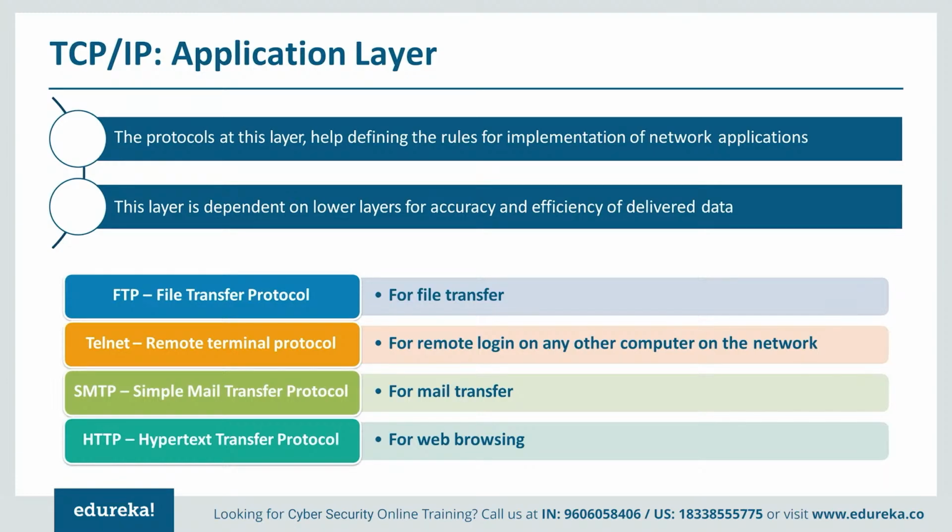What is FTP? FTP is simply a file transfer protocol. It helps us share a file from a server or store some files on the server. Telnet is a remote login protocol. It helps us log into a computer remotely. SMTP is the simple mail transfer protocol, which helps us send emails.